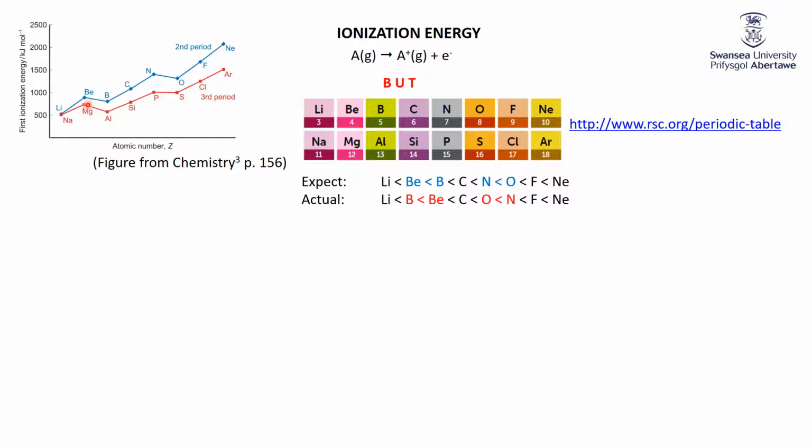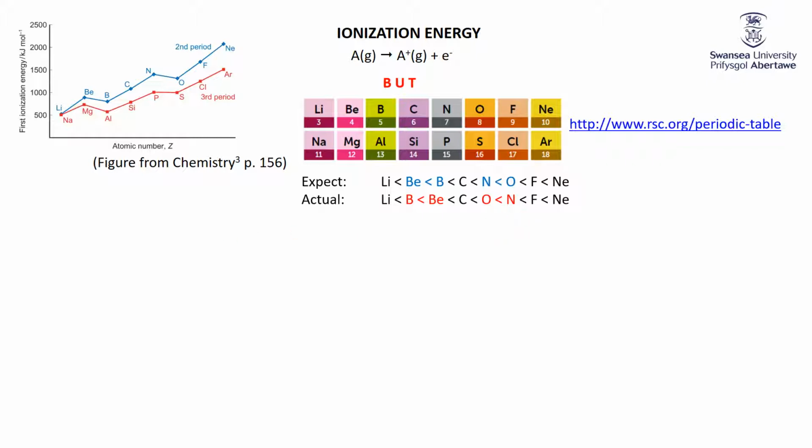We expect it to be beryllium, but it's boron. Boron is actually less than beryllium was. So it goes lithium, then boron, then beryllium. Carbon is where we expect, but now the next one after carbon should be nitrogen, but it's not, it's oxygen. So it goes carbon, oxygen, nitrogen, okay, and then fluorine and neon as we would expect.